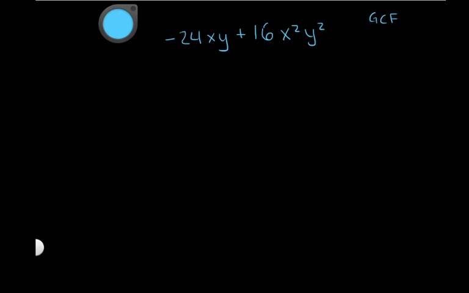What is the biggest number that goes into 24 and 16? Again, I've already done this, but you could do those charts again and circle all the common numbers and find the biggest one. So the greatest common factor between 24 and 16 is 8. Since I have a negative here, I'm going to make this a negative 8.